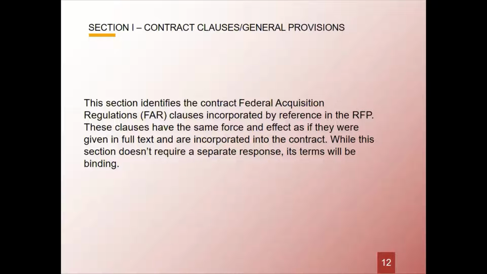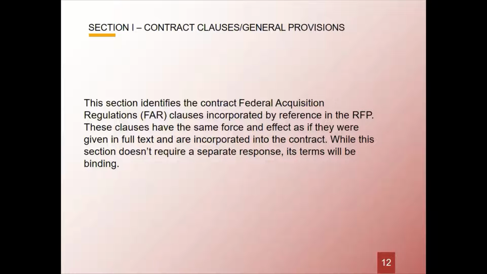What you don't want to do is be awarded a contract, and again, the contracting officer will terminate you, and you're on a debarment list, and it may be a possibility that you will never be able to submit another proposal and respond to a solicitation. So it is very, very important that you are familiar with Section I.